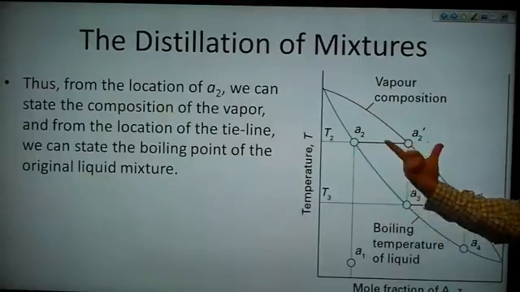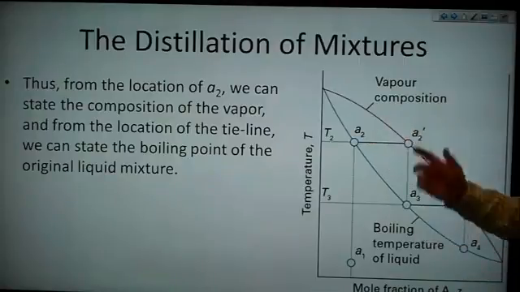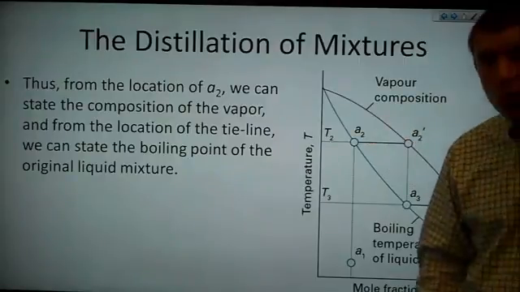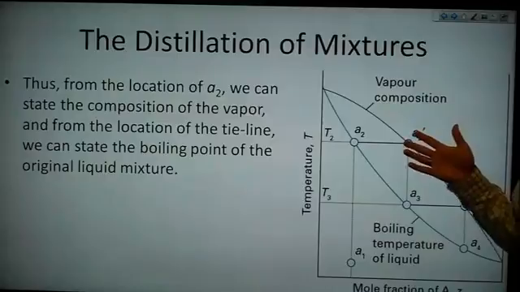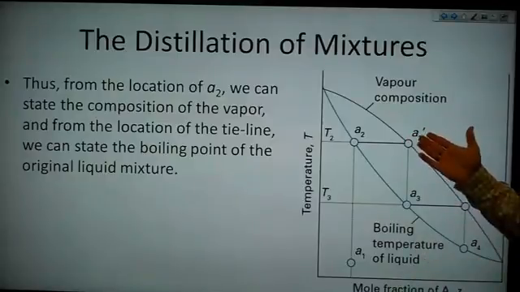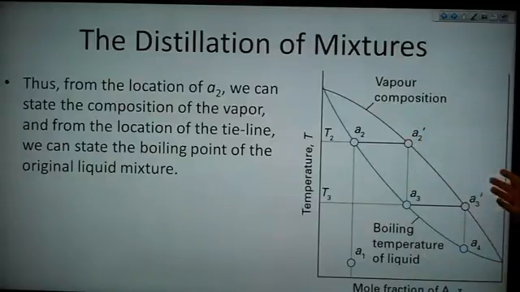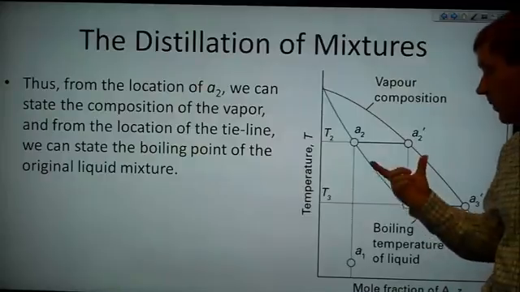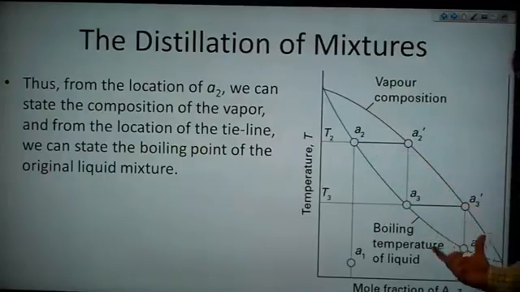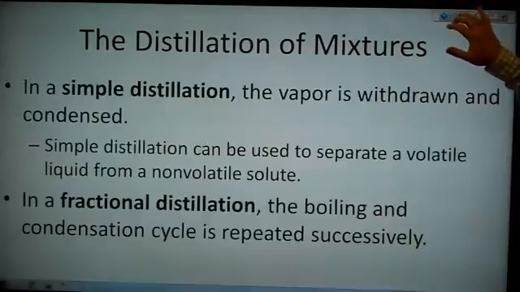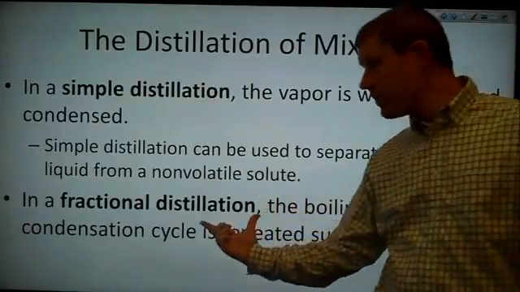In this case, we've taken it from somewhere around 0.2 to somewhere around 0.5 mole fraction of A. But if we want to get pure A, we need to keep going along this axis. We need to move to the right more. That's when we would need fractional distillation.